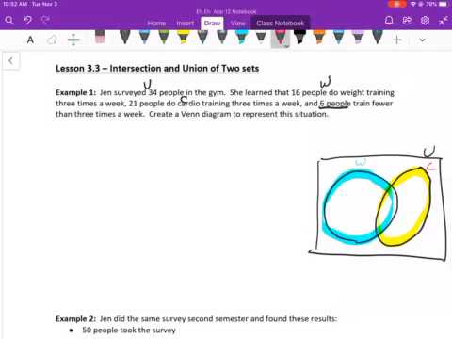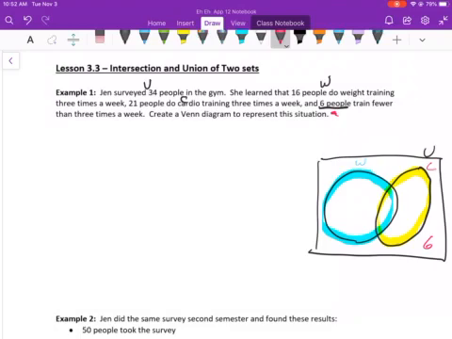The number of people who are in the yellow circle is 21. So that must mean that there's an overlap of them. And there's 6 people who do neither weight training or cardio, so they're outside of those circles.